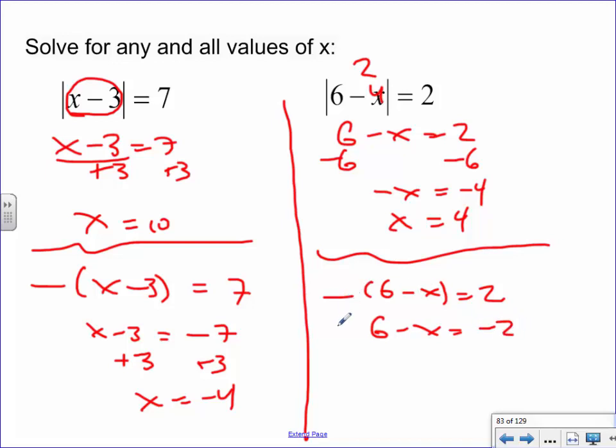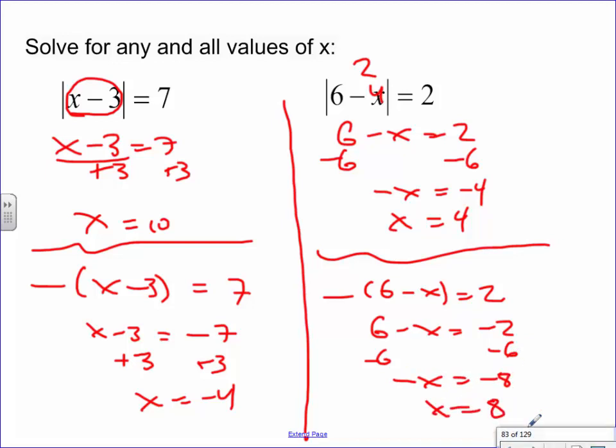Do you guys get what I'm saying when I say throw the negative on the other side? Does that make sense, everybody? And then minus 6 from both sides. Minus x is -8. So that means x should be 8. Check your work. 6 minus 8 would give you -2, but then it becomes 2.